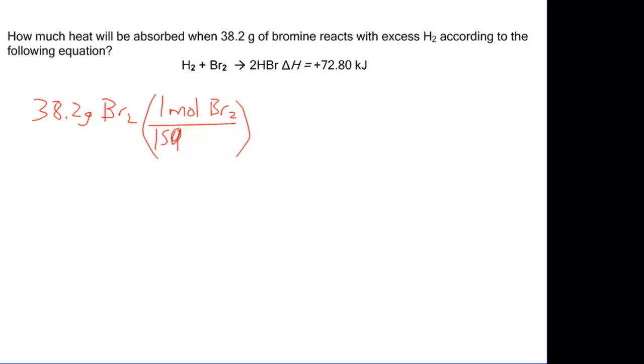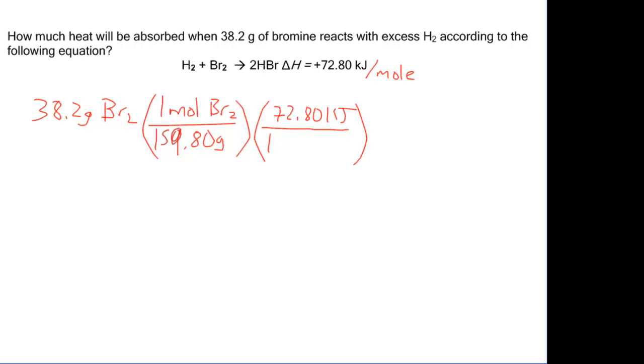Once we have moles, now we can use this delta H, because delta H is actually given generally in kilojoules per mole. And it's based on the reaction. So we use the coefficients of any of the reactants or products when determining this. So in this case, the energy is 72.80 kilojoules.